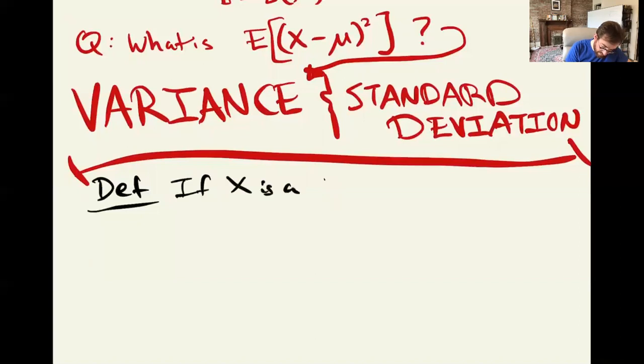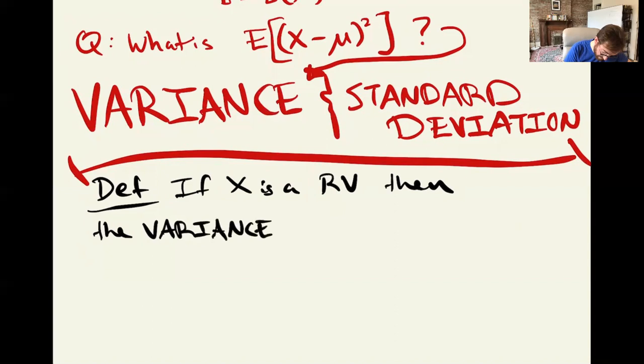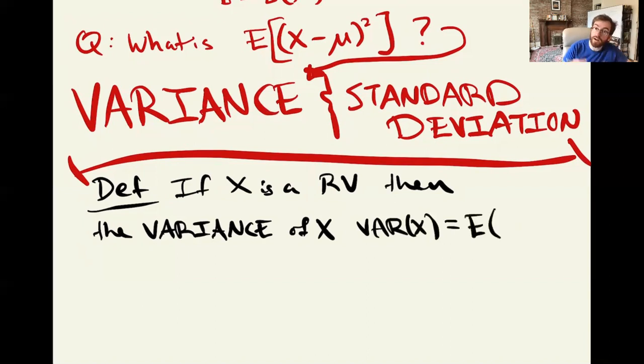If X is a random variable, then the variance of X, which we write as var of X, is equal to the expected squared error, where error is measured as deviation from the mean. So this is the expected squared deviation from the mean.